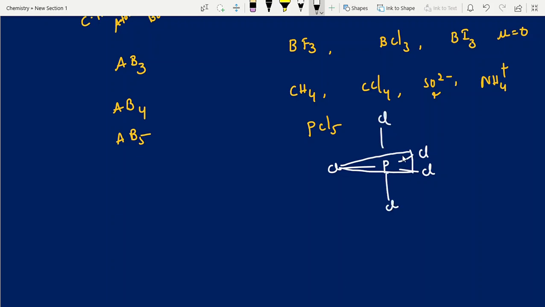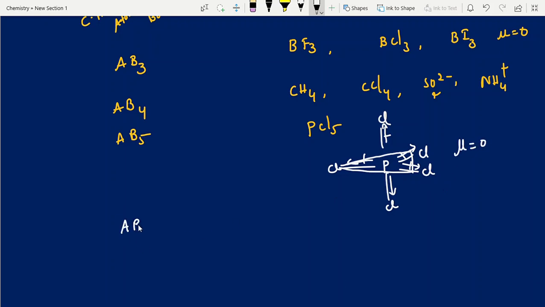Chlorine is more electronegative than phosphorus, so at least one is in the opposite direction. These two and this one finally cancel. Dipole moment is zero, like this.